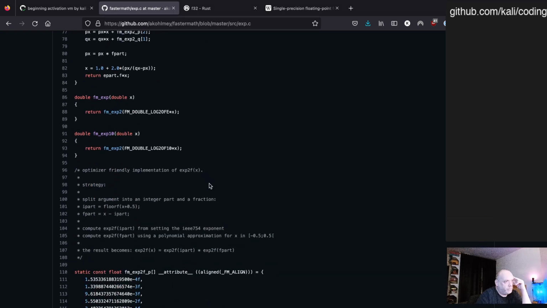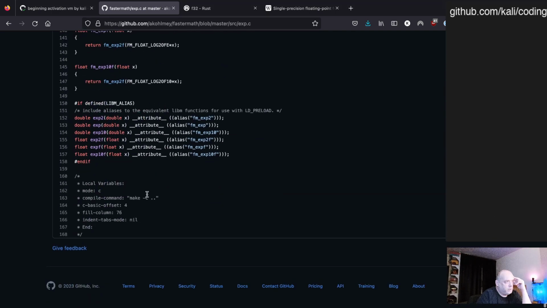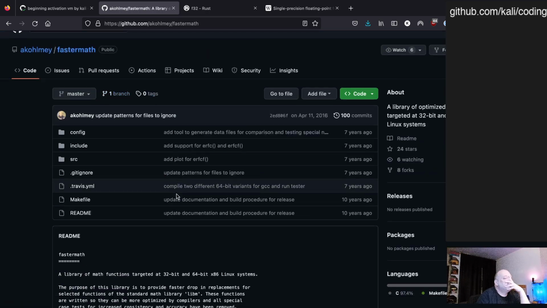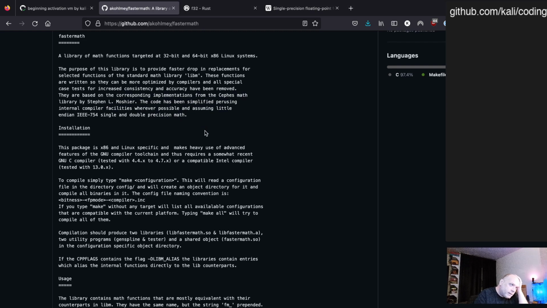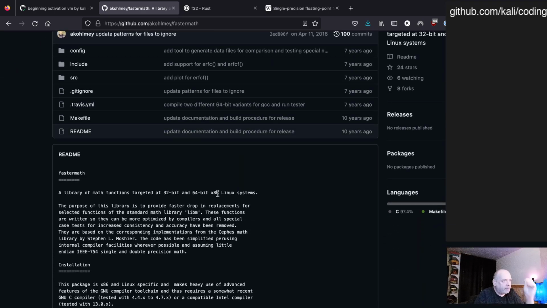Optimized implementation of exp2f. They are based on the corresponding implementation from the CORE-MATH library, code being prepared using internal compiler facilities whenever possible and assuming little endian, single and double precision math. Okay. What else do we have?